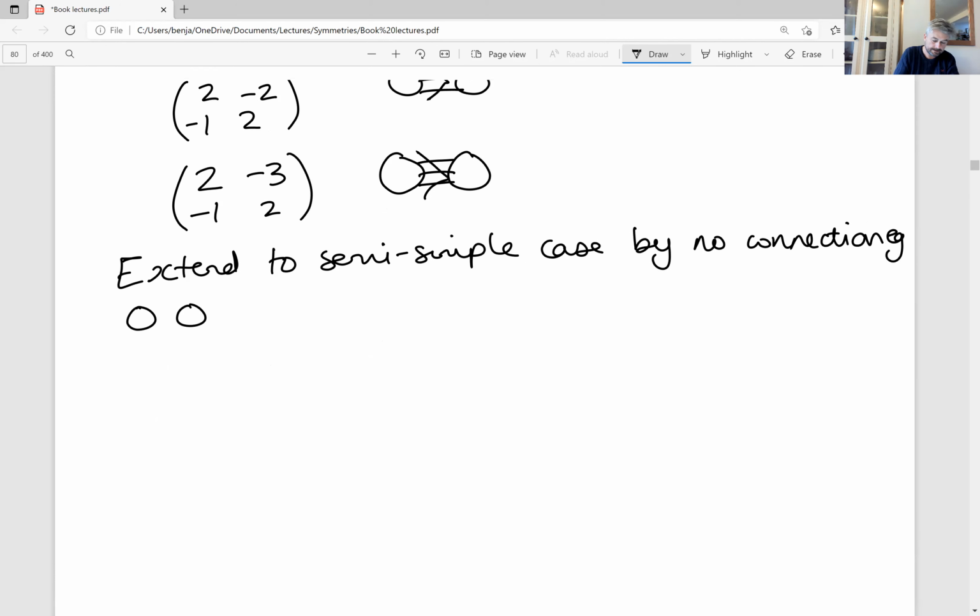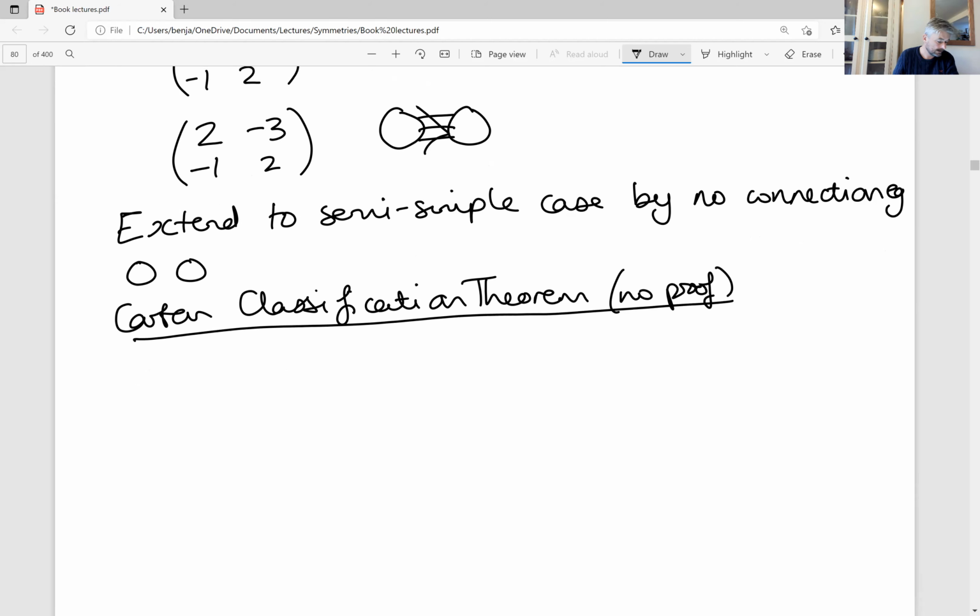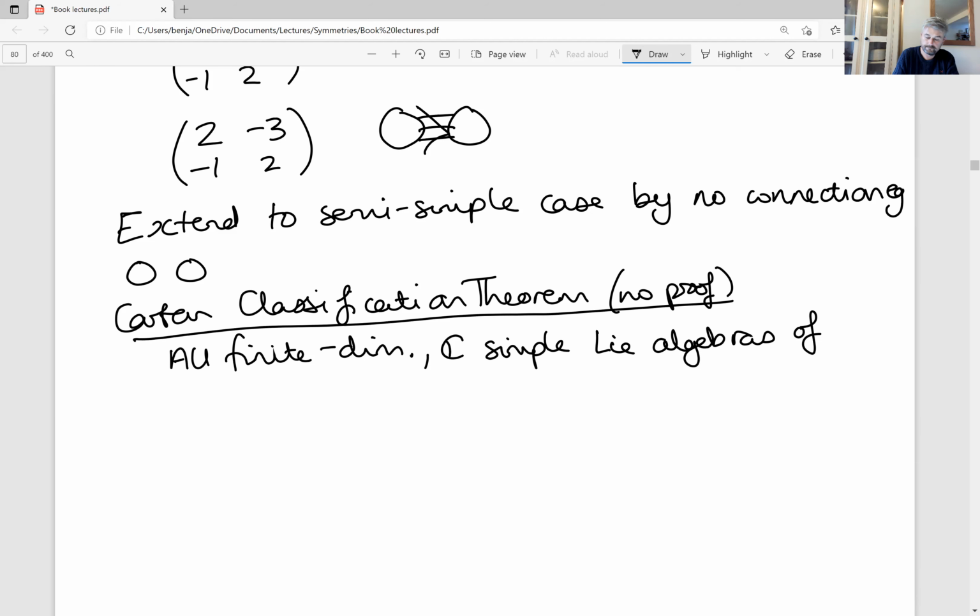So let's write the results of the Cartan classification theorem. Again, we haven't proved it. So what we're going to do is write all finite dimensional, complex, simple Lie algebras of compact groups.